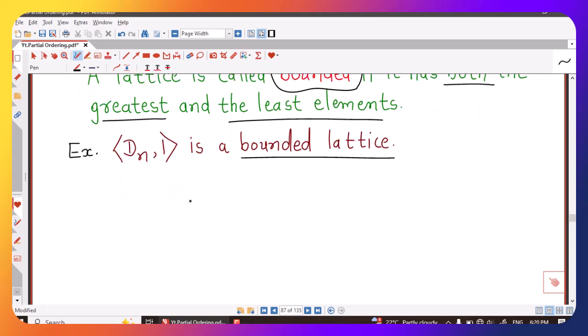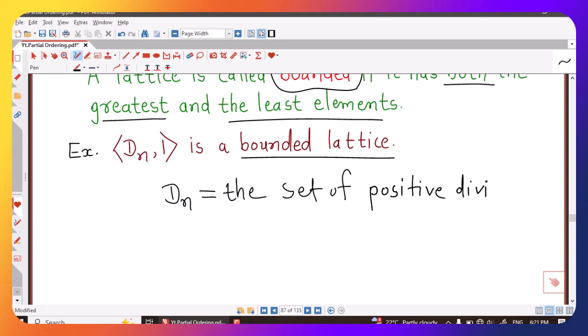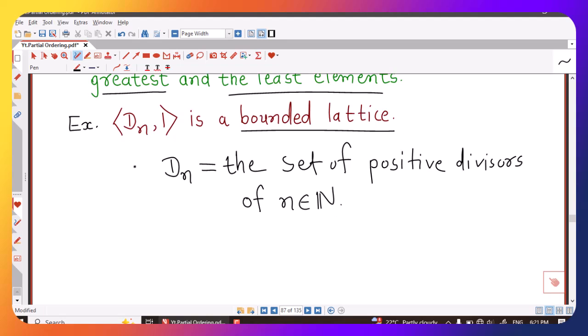Here I have taken the set of positive divisors of a natural number n with the divides partial order relation. Dn is the notation for the set of positive divisors of natural number n, and we will prove that Dn is a bounded lattice.